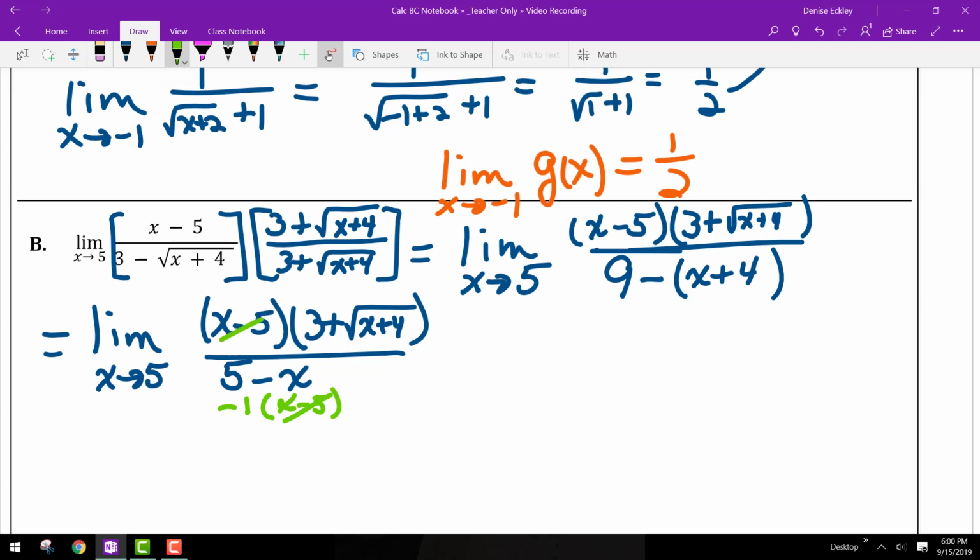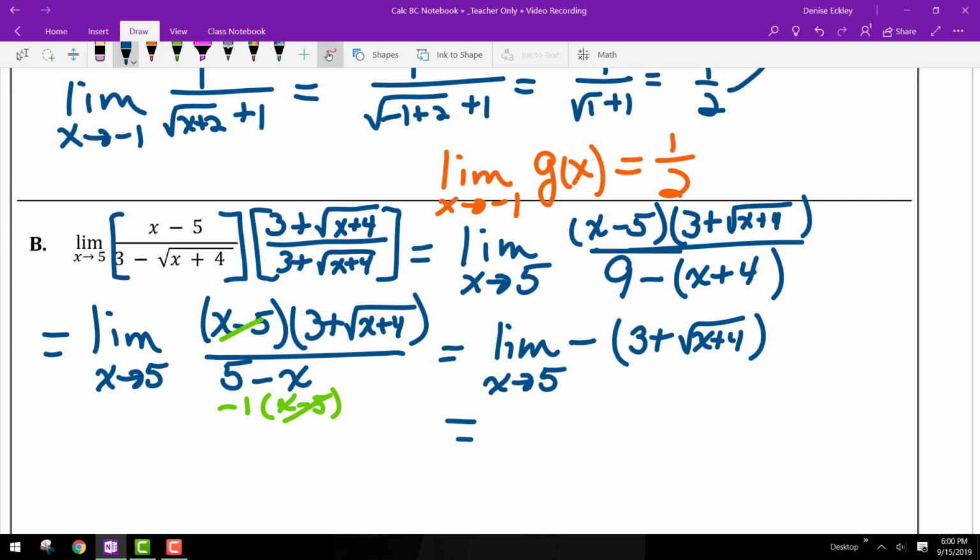So then we can cancel these. Our limit becomes negative, I'll just put it in front because we don't have a fraction anymore, 3 plus the square root of x plus 4.